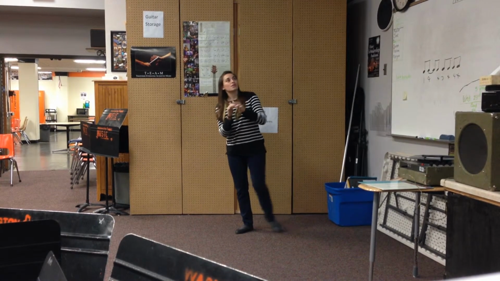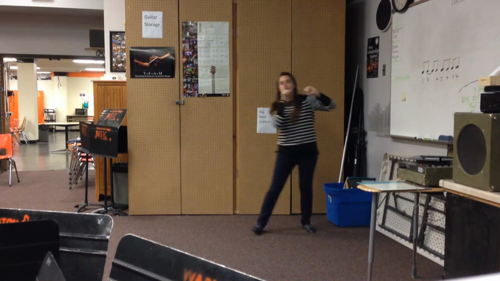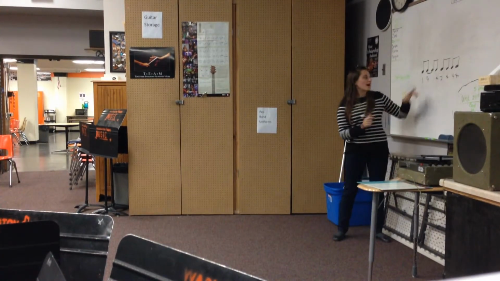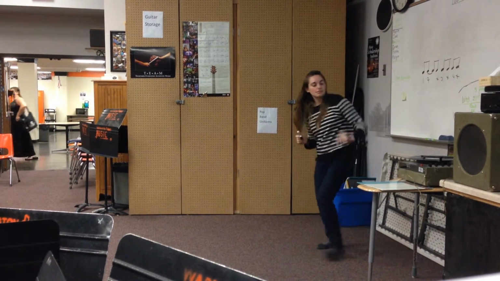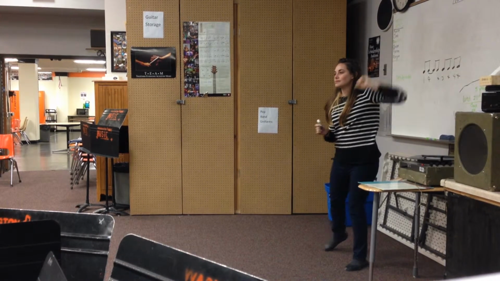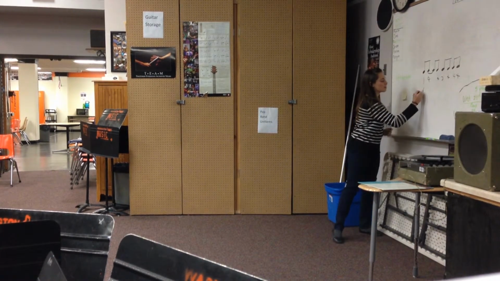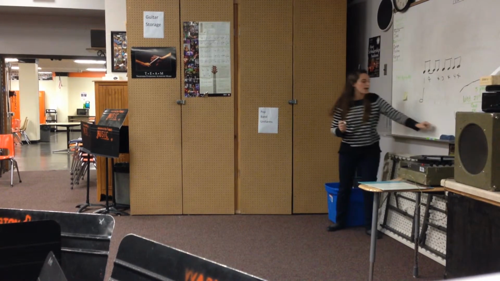Good. So if you look up here on the Eagle song, the second measure, we have this rhythm followed by, what is this note with the white head? It's a half note, right? Very good.